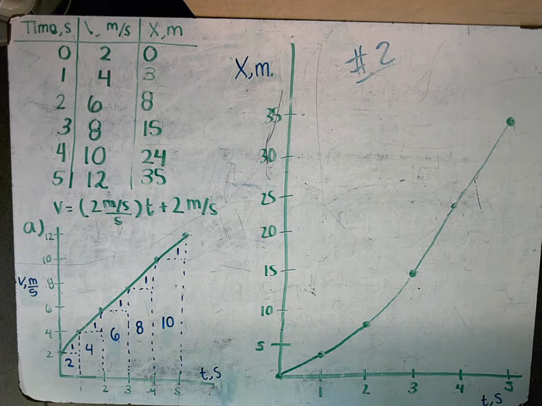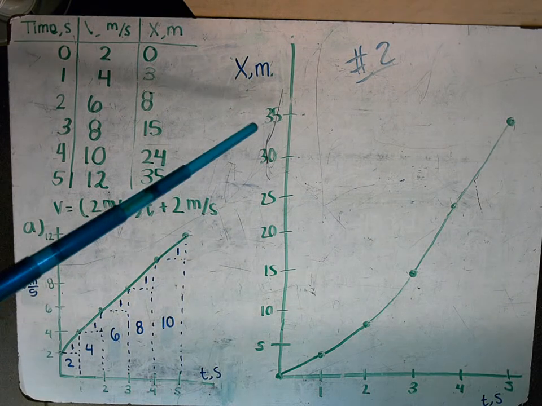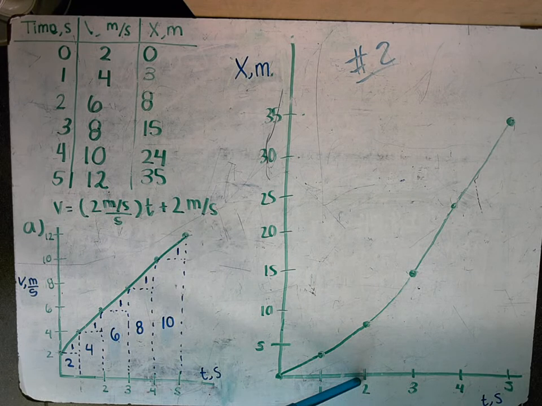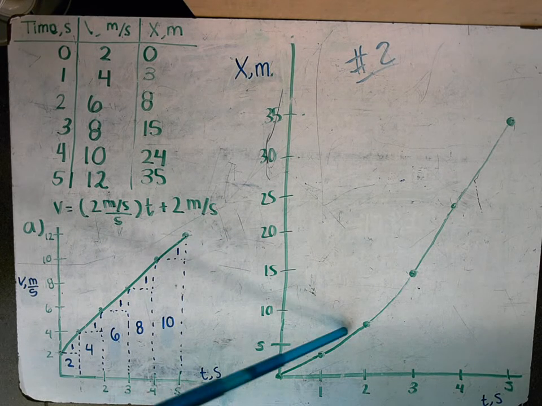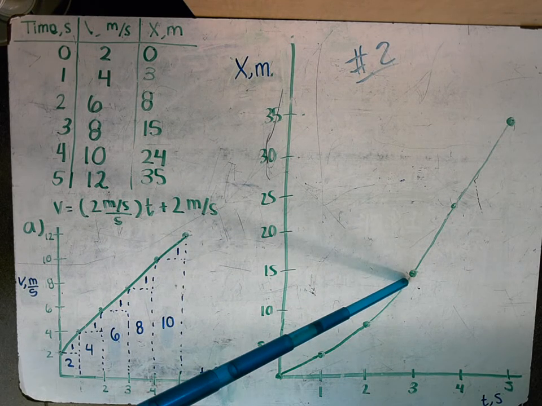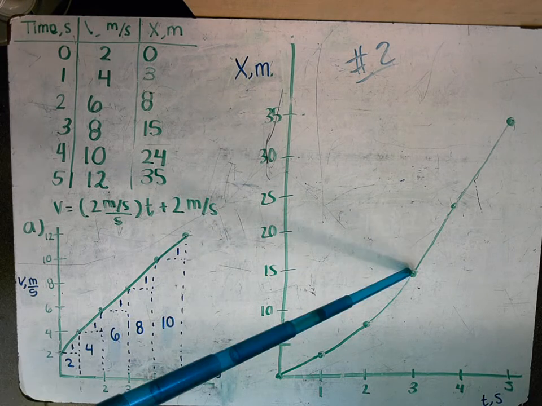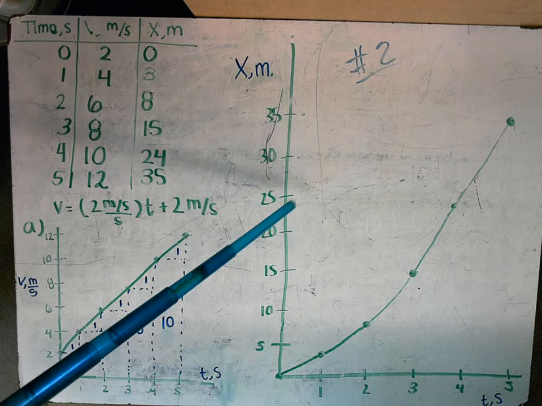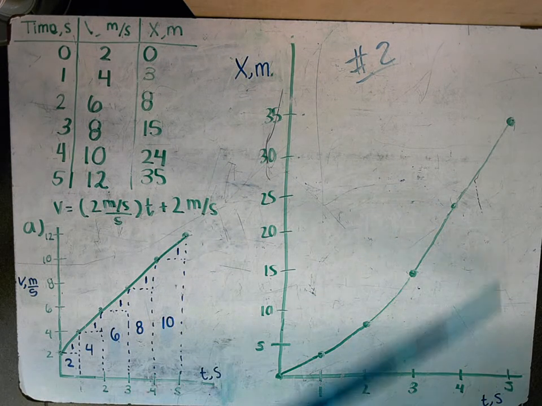Now we have to graph it. Make this graph big and beautiful, because we're going to use it in the next assignment. Start at 0. At 1 second, we're at 3. At 2 seconds, we're at 8. 3 seconds, we're at 15. 4 seconds, 24, a little under 25, and then this.